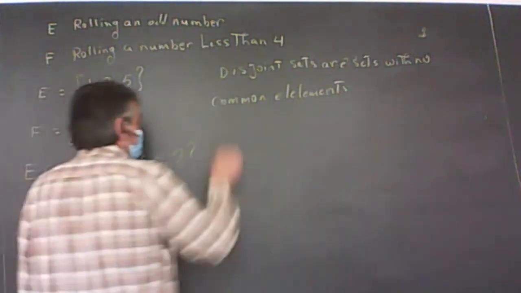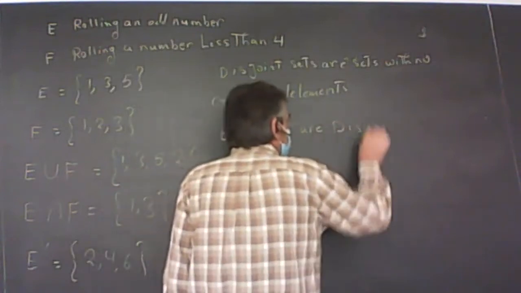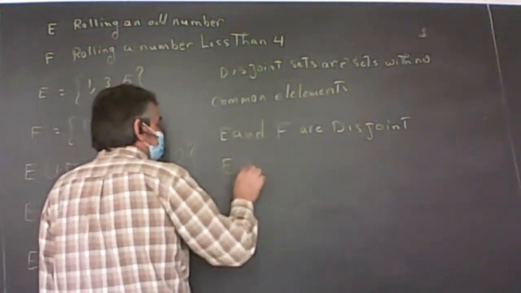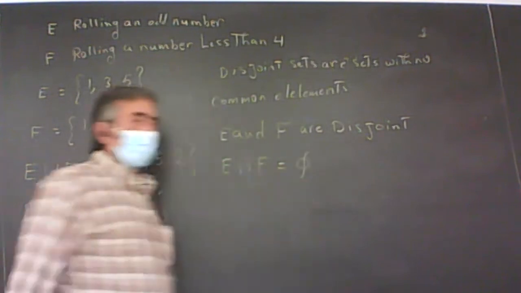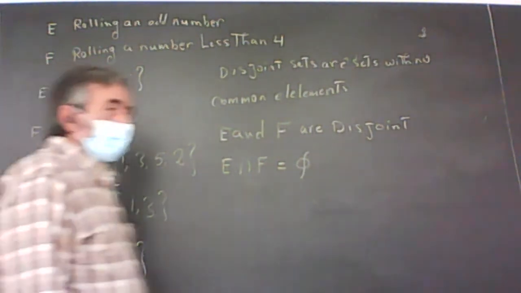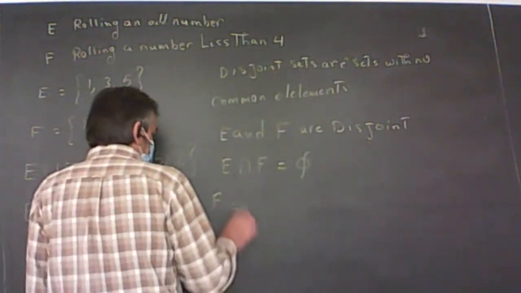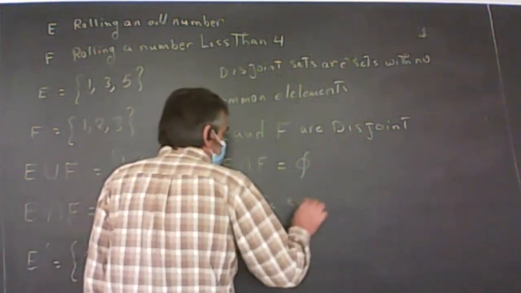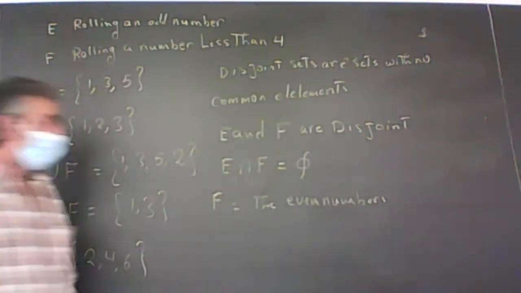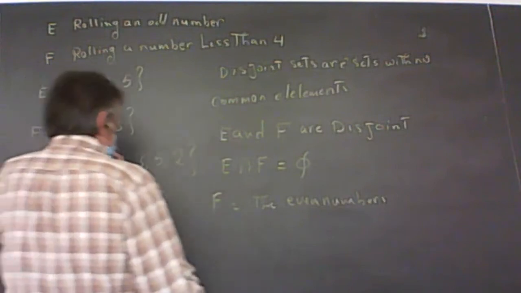So if we say, for instance, E and F are disjoint, that means the intersection of E and F equals the empty set. Let me call it something else.